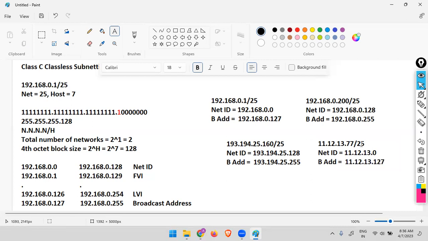Why? Because as soon as we change the subnet mask, this is classless, not belonging to a class. So all the calculations in your subnetting will be according to your subnet mask. Do not focus on which class the IP address belongs to or where it is starting. We'll always focus on the subnet mask. According to the subnet mask, we'll check what the network ID and broadcast address are. This thing is clear? Okay.